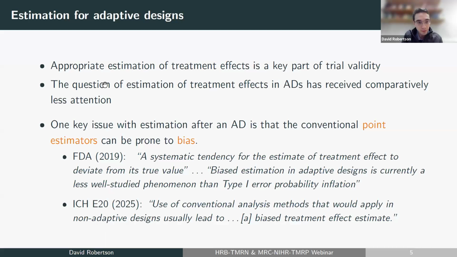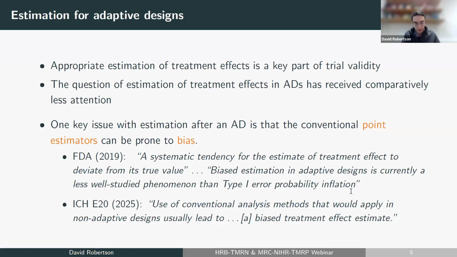So one key issue with estimation after adaptive design is that the conventional point estimators that would be appropriate if we were using a standard fixed design can be prone to bias. And by bias, I mean statistical bias. So the Food and Drug Administration, FDA, in the US, in their 2019 guidance on adaptive designs, talks about bias being a systematic tendency for the estimate of treatment effect to deviate from its true value.